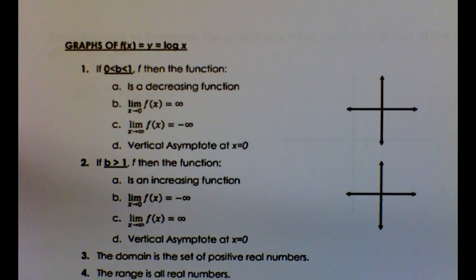Now let's talk graphs. If our base is between 0 and 1, so your base is a fraction or decimal, your function is decreasing. The limit as x approaches 0 is infinity, and the limit as x approaches infinity is negative infinity.